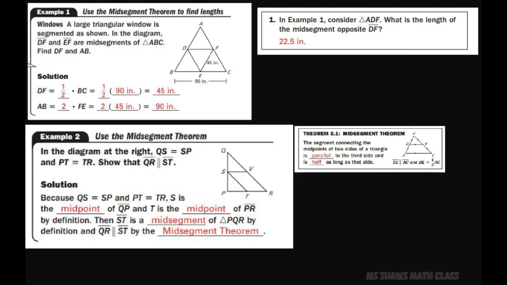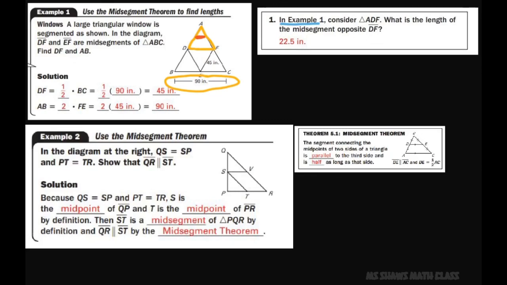All right, and here's our example again. It says, in example 1, consider triangle ADF. So let's draw that, ADF, this triangle. What is the midsegment opposite DF? So basically, we know this is 90, and if I do a midsegment here, what would that be?